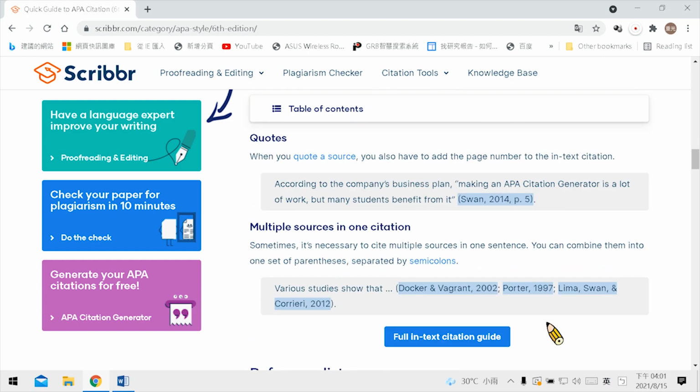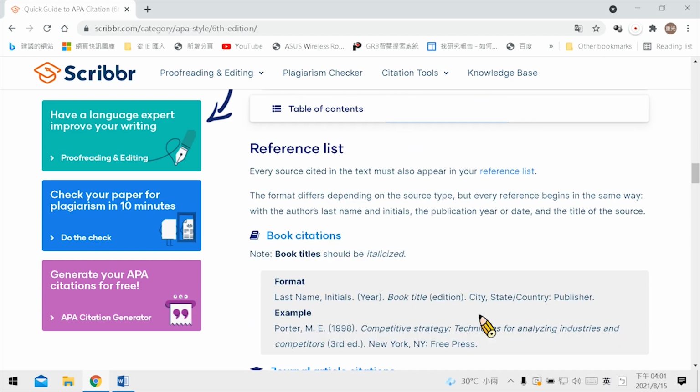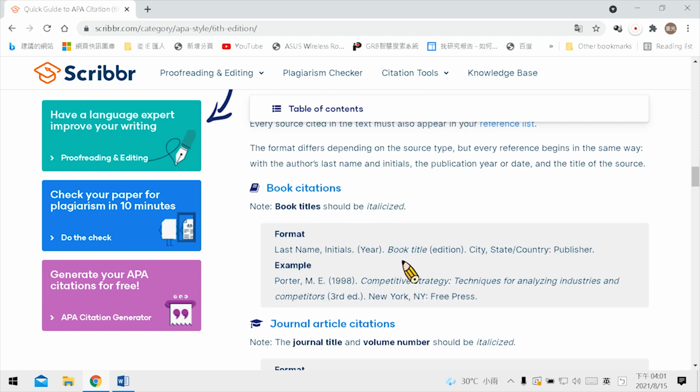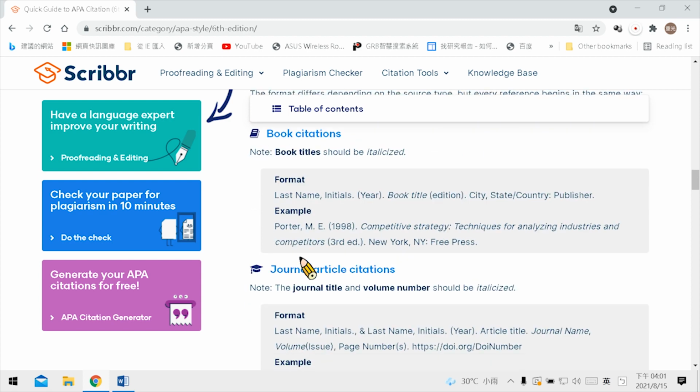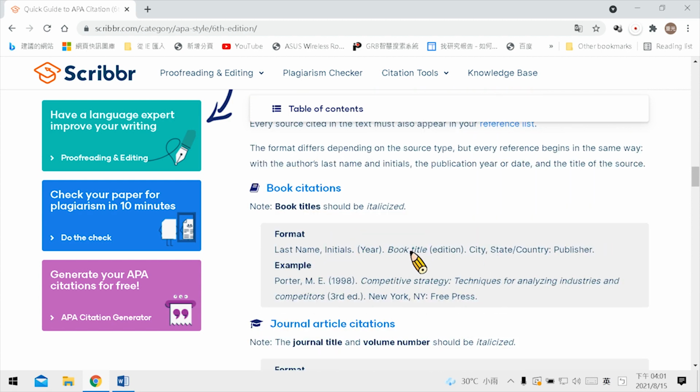And also there is some book citation, how to cite a book in your thesis. Okay, and you need to put the book title and the city, state, and the publisher, the location.